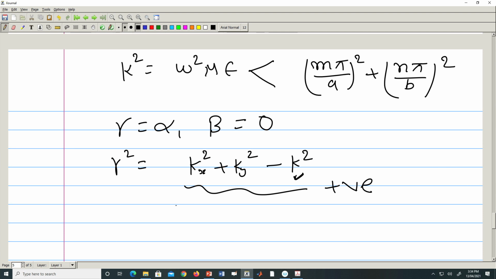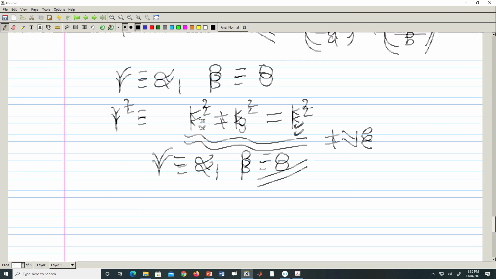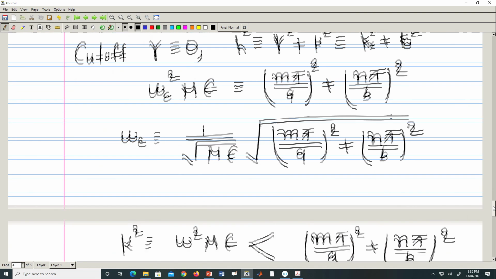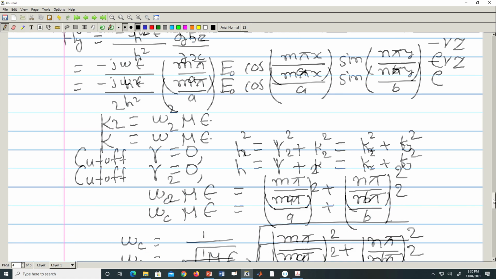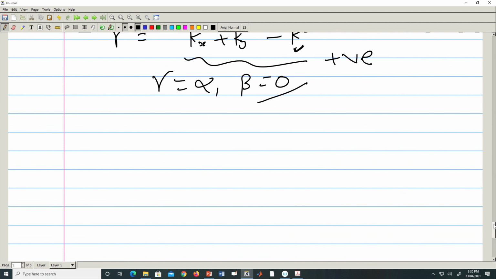We have defined the propagation constant in the z direction as e to the power minus gamma z, and if gamma is alpha, it is e to the power minus alpha z. So if alpha is some positive number, the wave gets attenuated, it will not propagate inside the waveguide.